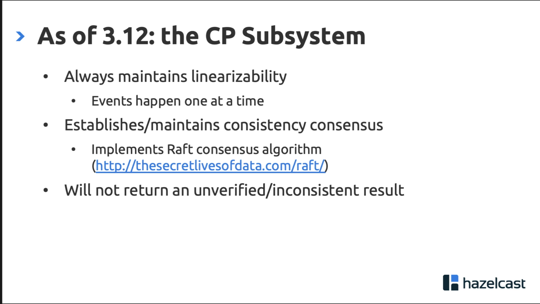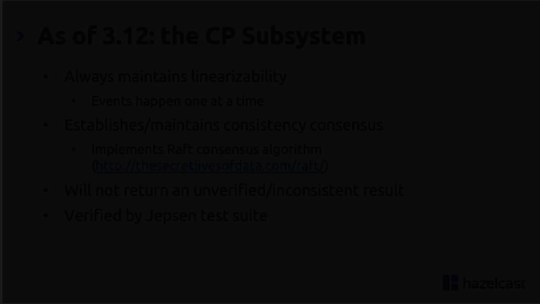If consistency cannot be ensured, the CP subsystem will not return a result to a client query. The CP subsystem passes those rigorous Jepsen tests. You can download the tests and view the results from the Jepsen GitHub repository. We'll discuss CP subsystem operations, including how consistency is guaranteed, in detail in the next lesson.